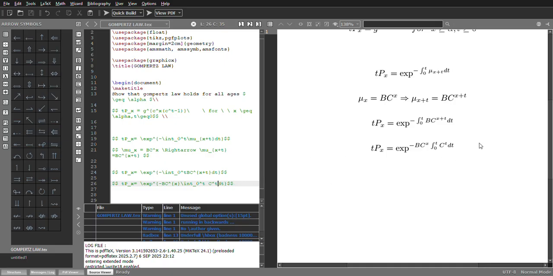So we want to integrate this one using calculus. This is integral calculus.